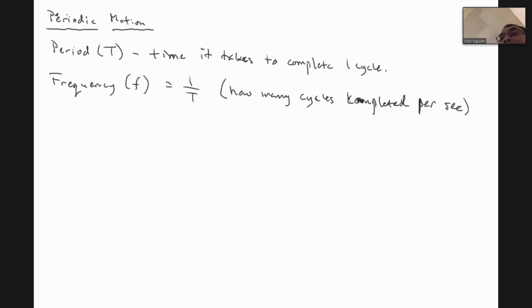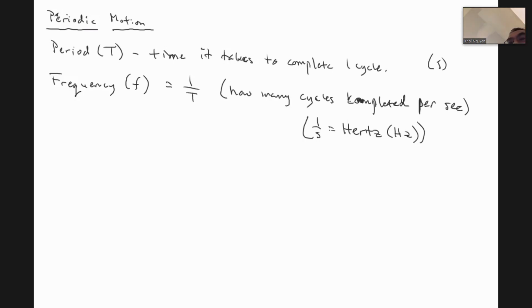The unit for period is seconds. The unit for frequency is inverse seconds, otherwise known as a hertz, denoted as capital H, lowercase z. Okay? So this tells you how many cycles we have completed per second.